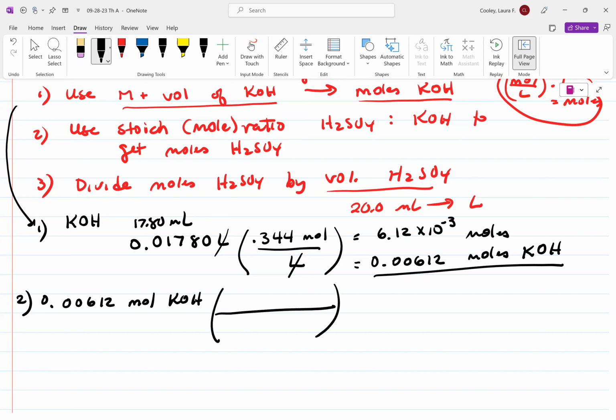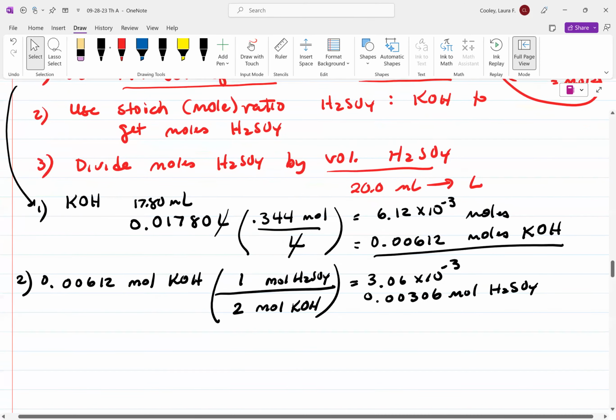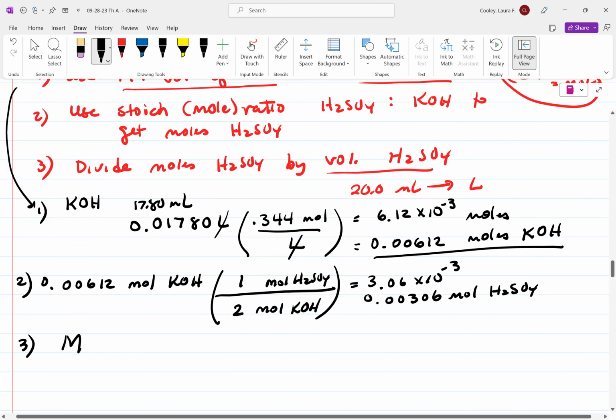Now we use that. This is number 2. You use that to get the moles of H2SO4. So we're going to put in the stoichiometric or mole ratio, 1 mole of sulfuric acid to 2 moles of KOH. So you're basically just dividing by 2. Okay, now that you have the moles, the molarity of the H2SO4 is the moles of H2SO4 over the liters.